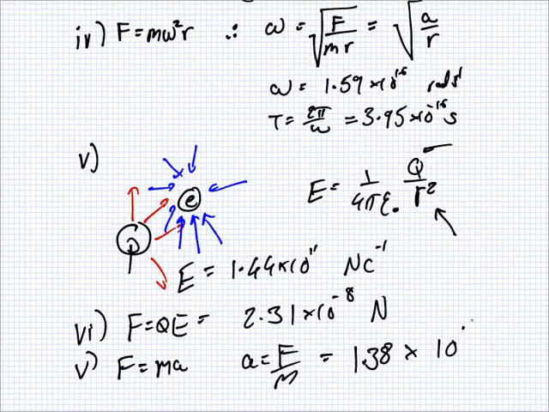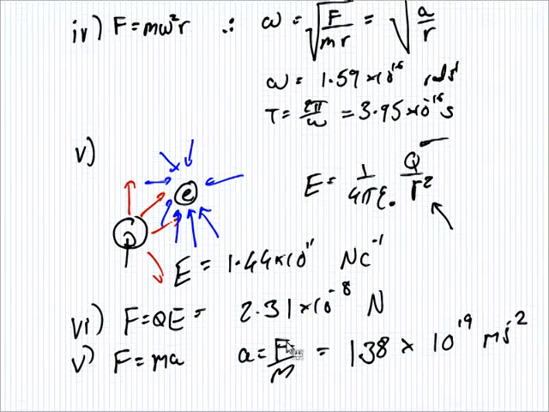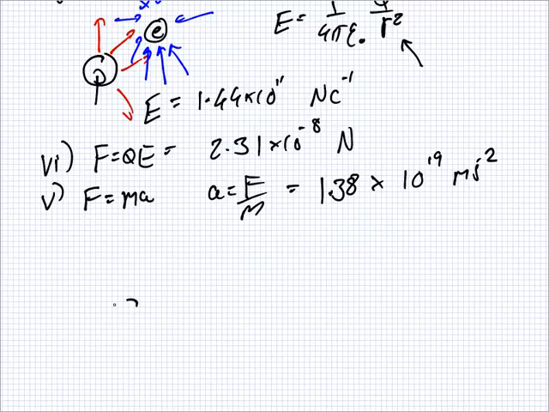Times 10 to the 19 meters per second squared. Right, what's next? That's it. Okay, now. What's the acceleration of the electron that we had earlier?